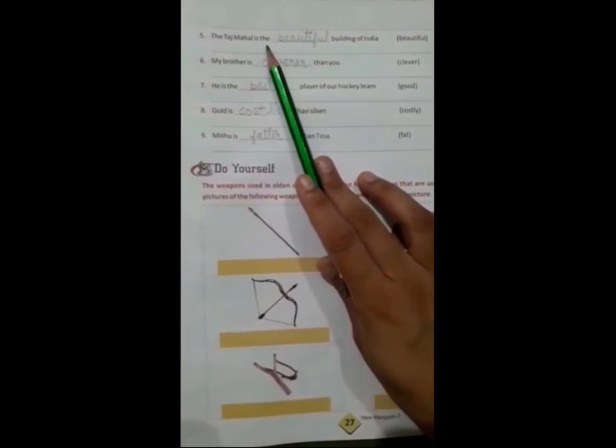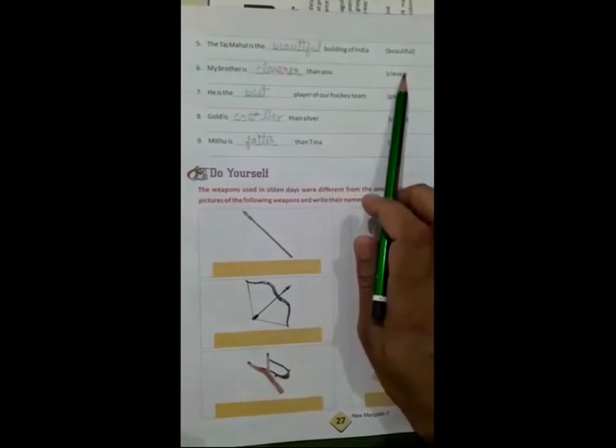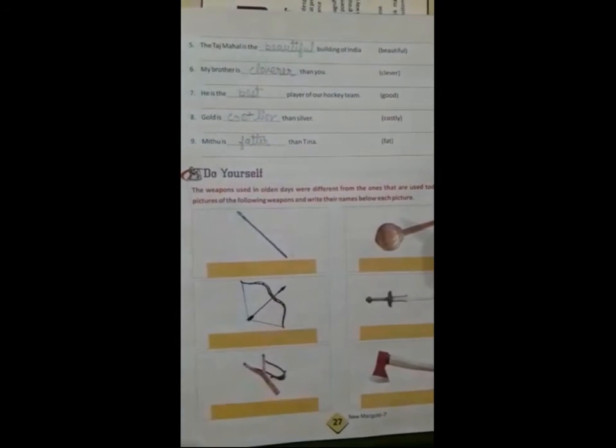Now look here, the is used. It means we have to use beautiful with most, because as we have studied before, we cannot add est or er to some adjectives like beautiful.